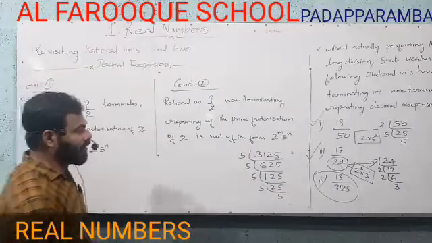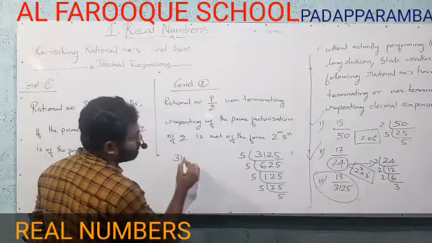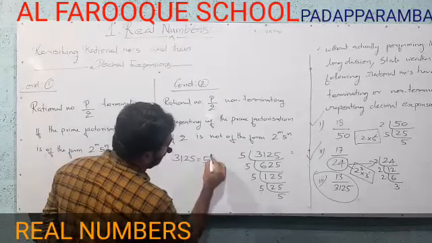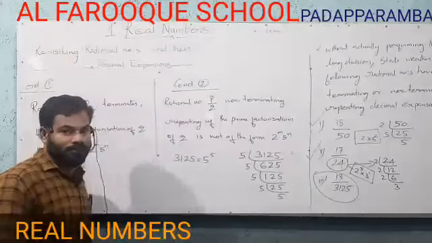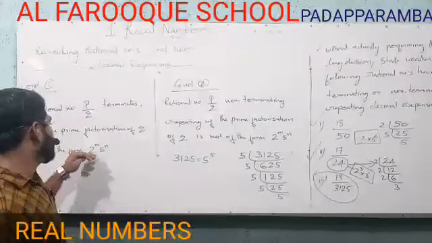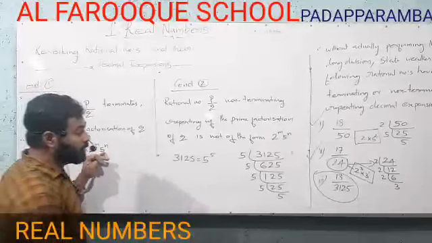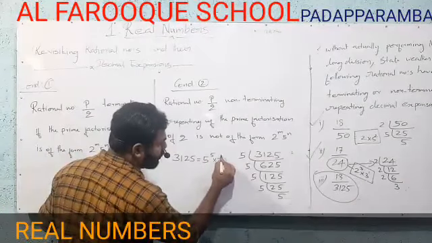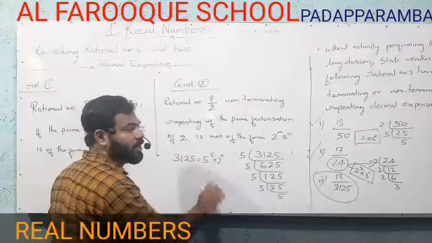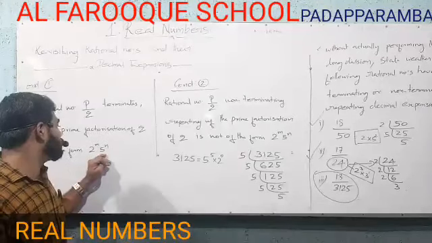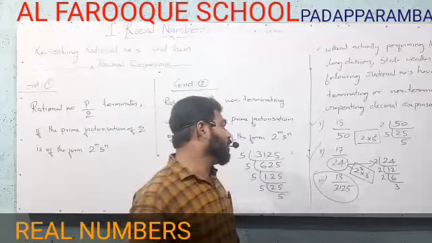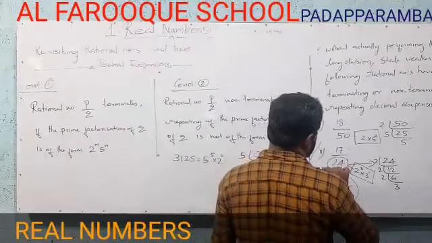So the prime factorization is 3125 equals 5 raised to 5, which includes only 5s. Okay, so we can say that it is of the form 2 raised to m, 5 raised to n. Why? This can be written as 5 raised to 5 into 2 raised to 0. So it includes only 5s and 2, no other numbers except 2 and 5. So the decimal expansion is terminating.